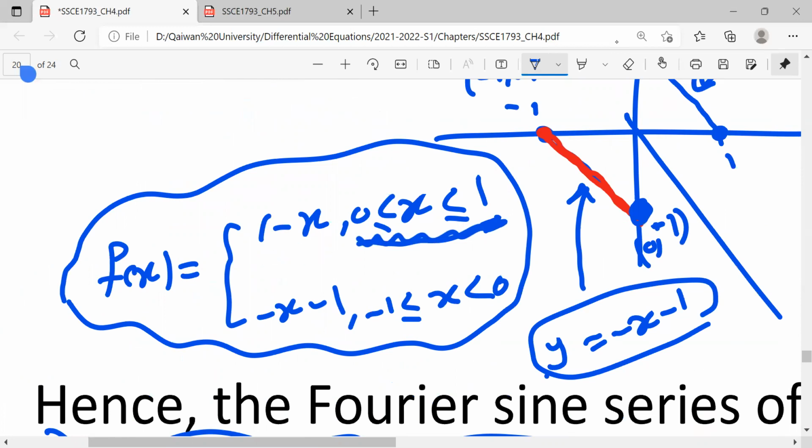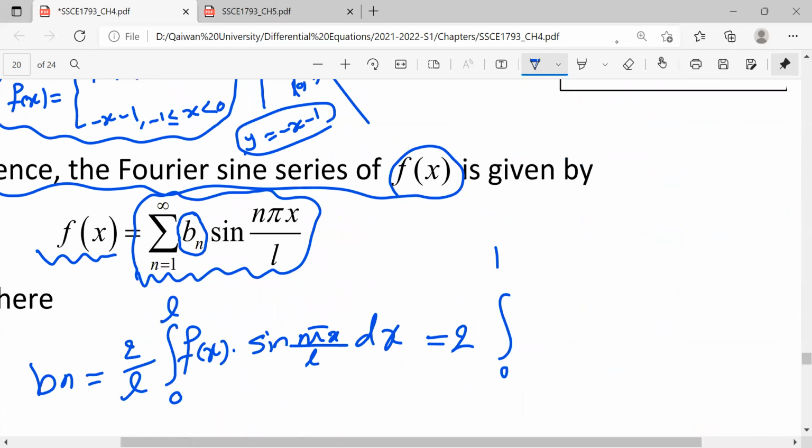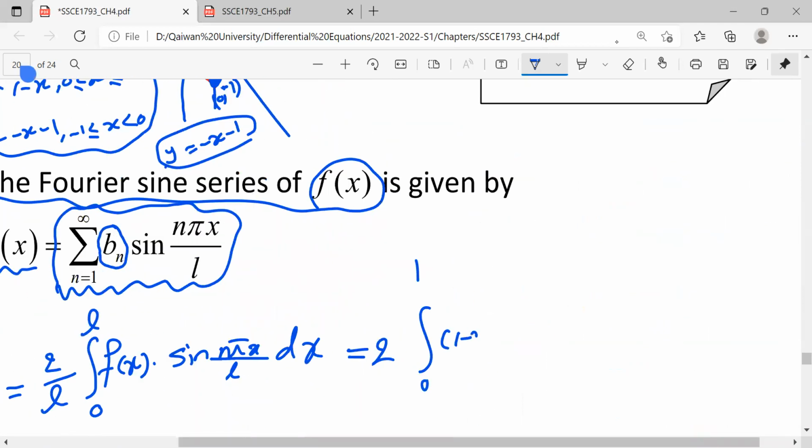So you just use that part. We replace f of x in the integration by 1 minus x. Then we have sine n pi x over L, and L is 1, so you don't need to write it.